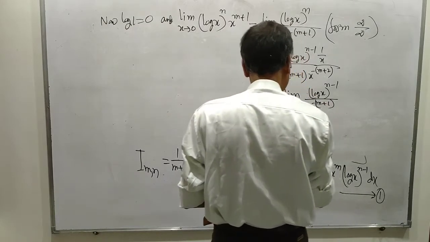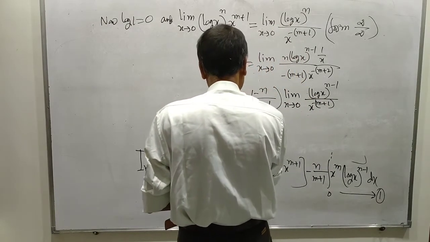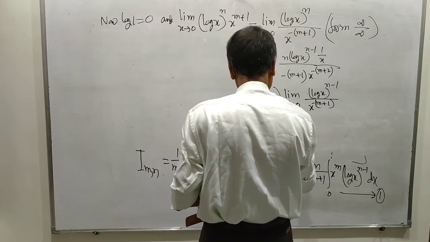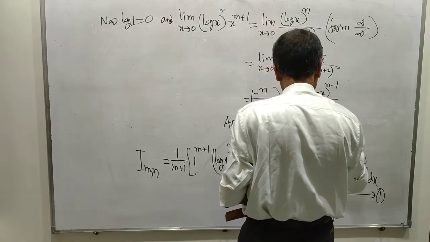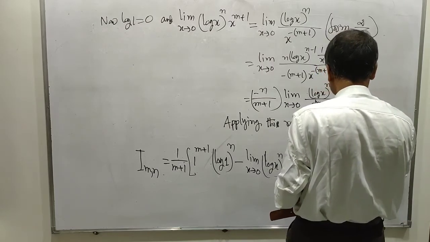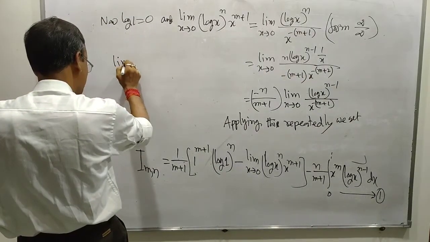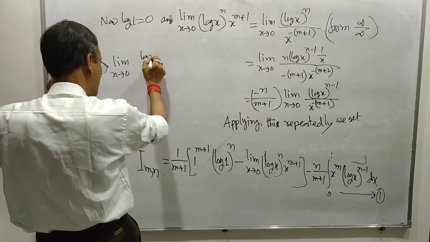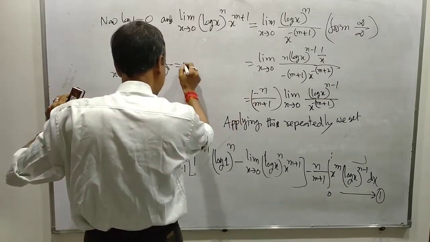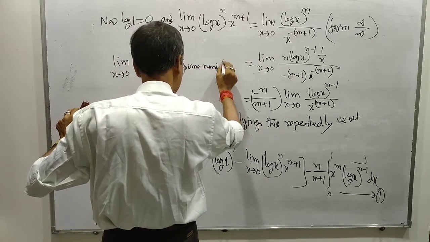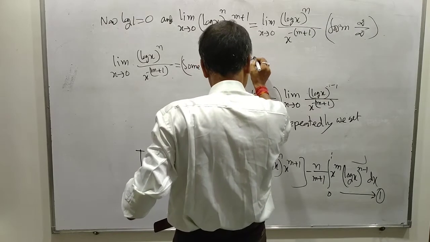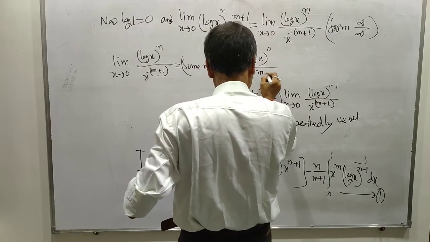Proceeding in this way, applying this repeatedly, we shall ultimately get limit as x tends to 0 of (log x)^n divided by x^(-(m+1)) equal to some number into (log x)^0 divided by x^(-(m+1)).